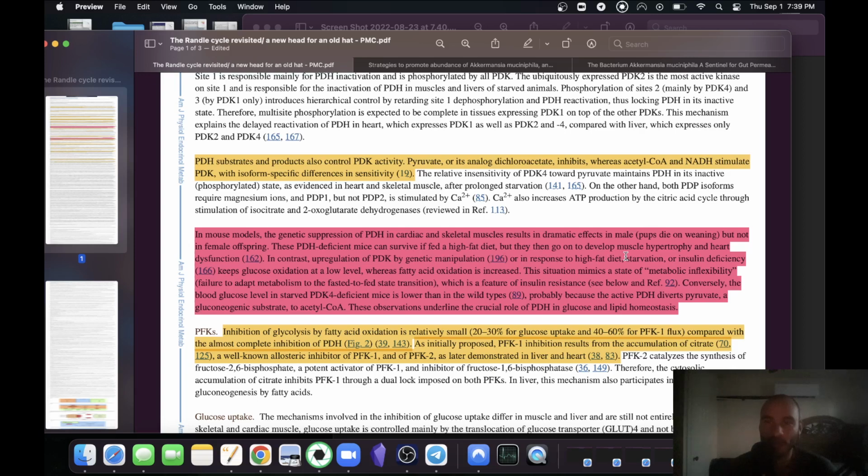But over time, they develop muscle hypertrophy and heart dysfunction. So this muscle hypertrophy, this isn't a good thing. This is actually a response to poor energy production at the muscle cells. They try to increase the muscular fibers, or perhaps there's a buildup of metabolites within the muscle cells, which could form the hypertrophy. And you also get heart dysfunction.